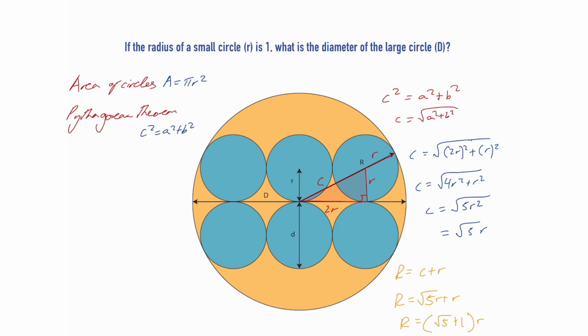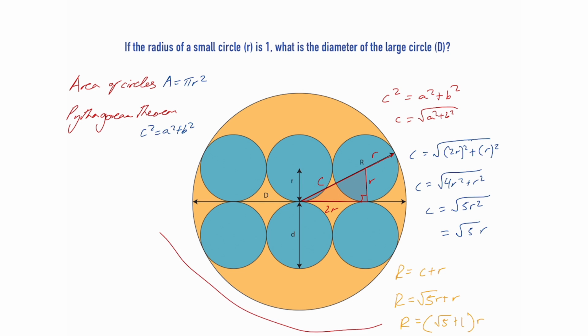Small interesting observation, this root 5 plus 1 is an appearance of the golden ratio, which is root 5 plus 1 over 2, which appears multiple times in geometry and math problems. So we've actually figured out the radius of the large circle already, because r is simply 1.